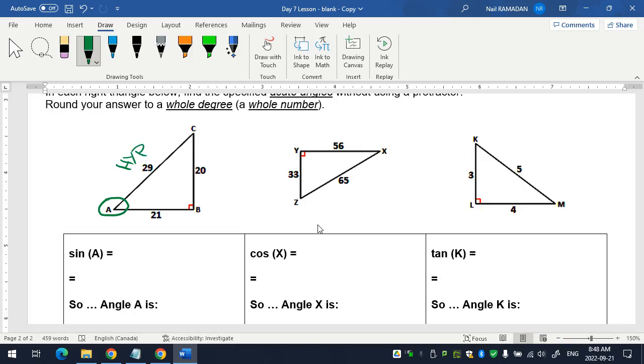Which one of those two now, 20 or 21, is opposite to the A? The 20, exactly. If you go across straight from the A, look, everyone, if you go straight like this, you're going to hit the 20. So automatically you put OPP here. Go ahead. Nice. That means this one has got to be adjacent.